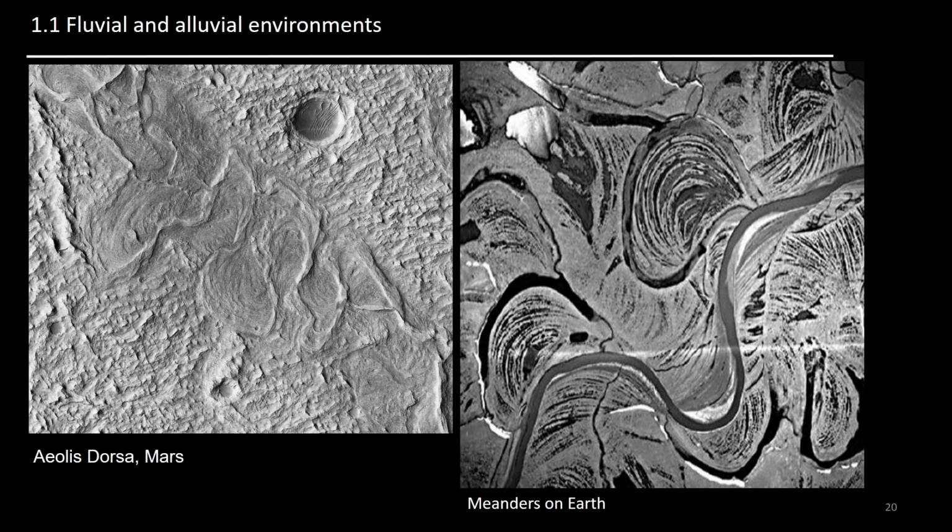Inversion of relief is when you have something stronger being less eroded than the material surrounding. So you see it well, it's a relief, it's a ridge. It's just because it was a channel, but the material is more stable, more compacted, more cemented, so it's more efficient to be preserved compared to the softer material around.